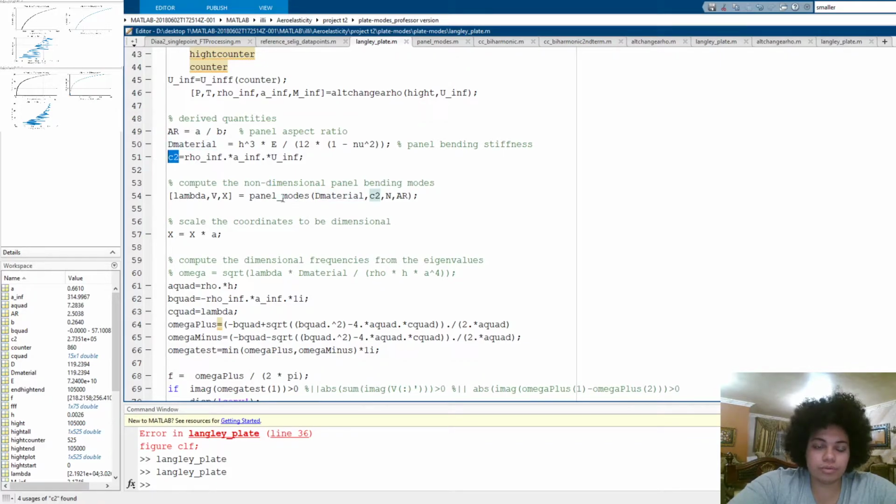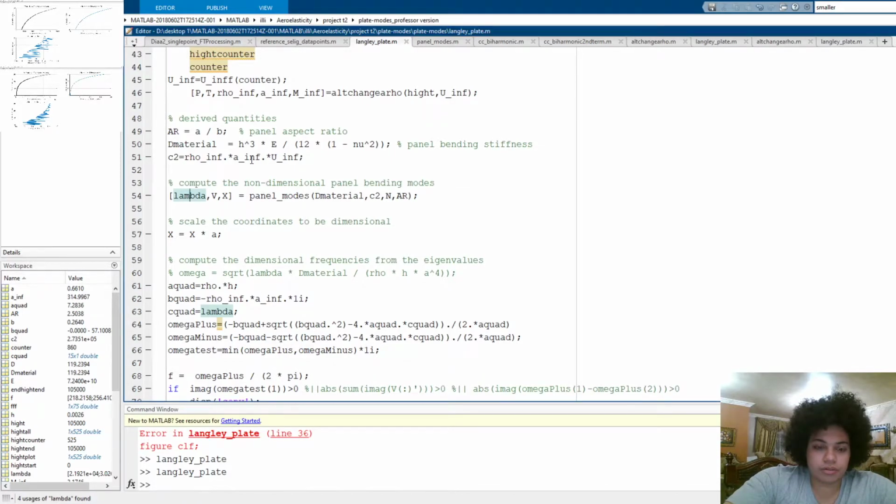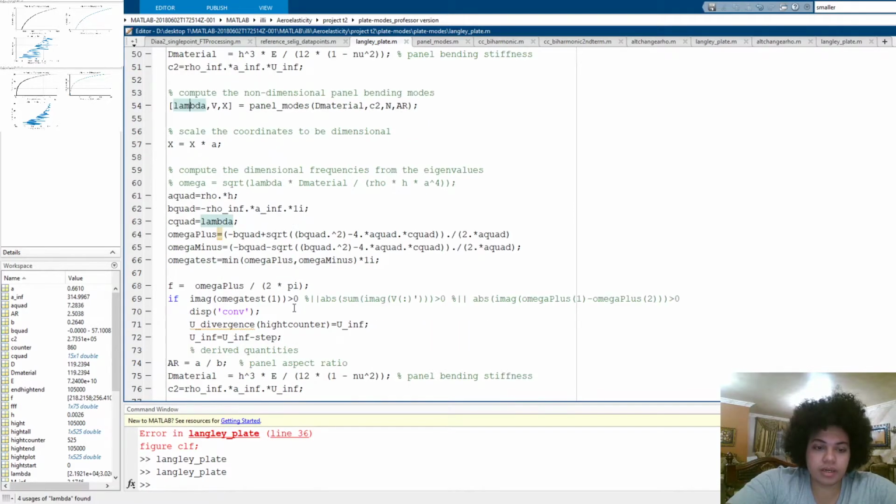We then go to calculate the eigenvectors and the eigenvalues, and then using this we are solving the spatial part of the equation. And so to get the omega, we solve using the quadratic formula for omega plus and omega minus, and then we test the smallest omega and see the imaginary part of it.